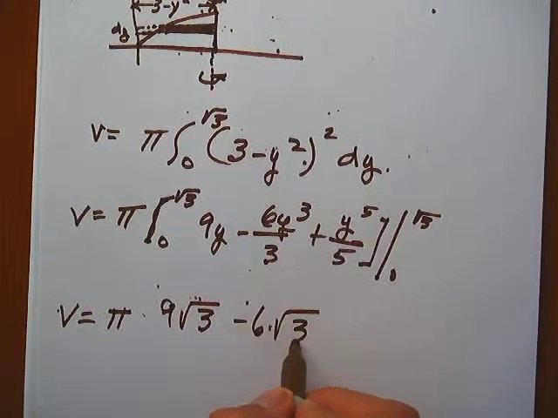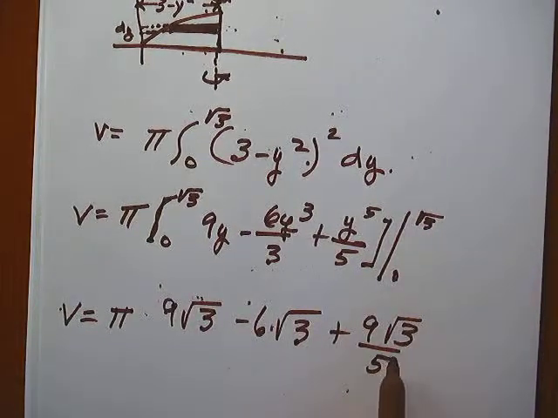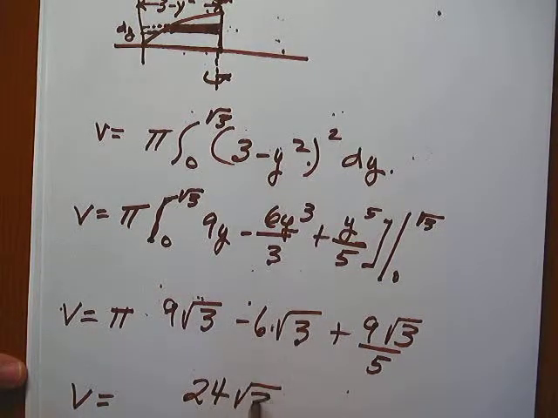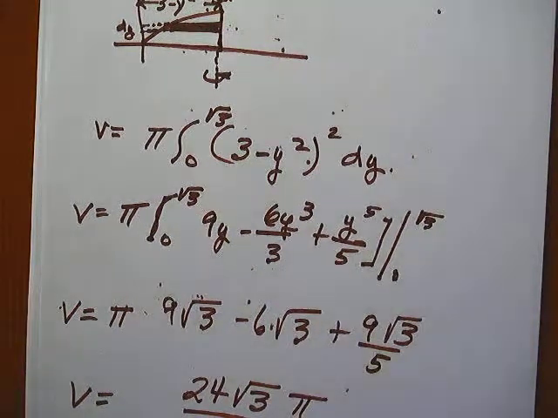And that comes out to be volume is equal to pi times 9 square root of 3 minus 6 square root of 3 plus 9 square root of 3 over 5. And that comes out to be, if you get a common denominator, 24 square root of 3 pi over 5.